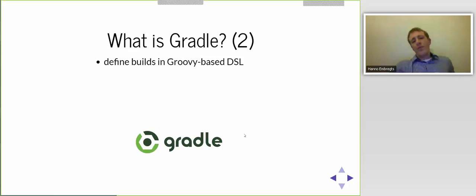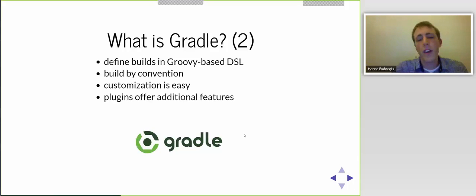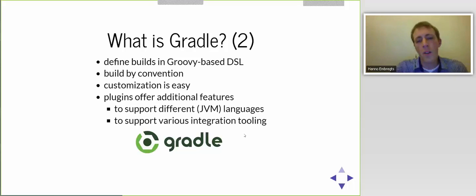You already know these ones. You can define it by using a Groovy-based DSL or Kotlin. It uses build by convention quite heavily, so there are some default settings that are assumed, and you can override them by specifying custom values, and this is very easy to do. If you want to use additional features, it is all offered in the form of plugins.